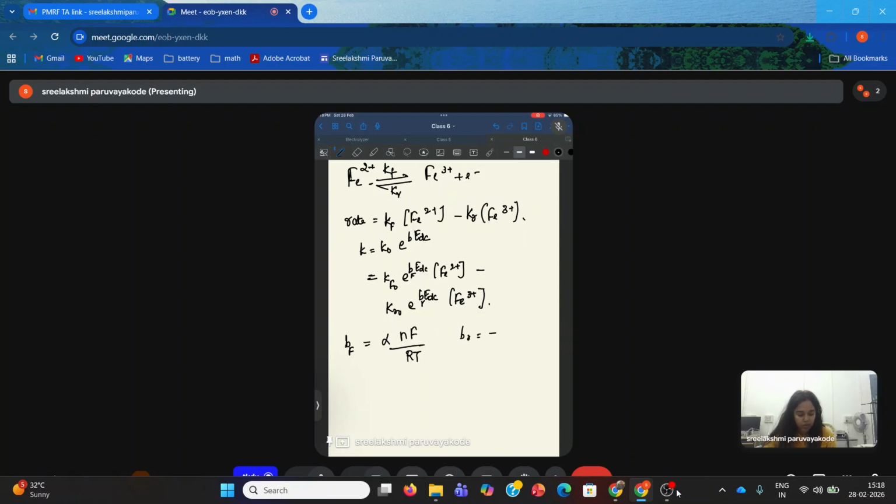Then Br becomes minus (1 minus alpha) nF by RT. As I said, alpha here is the charge transfer coefficient.